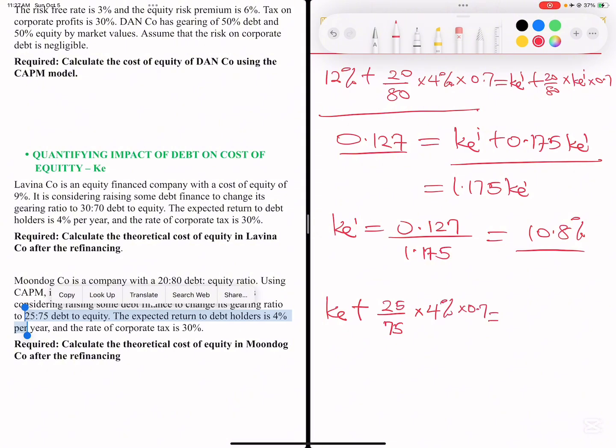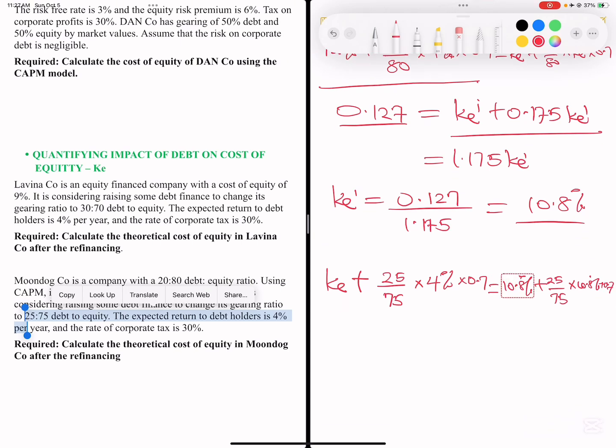With KEI being 10.8%, then plus the capital structure multiplied by KEI of 10.8% multiplied by 0.7. Remember the formula, please.